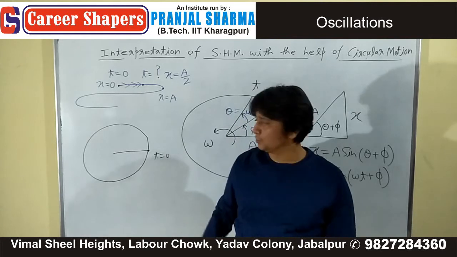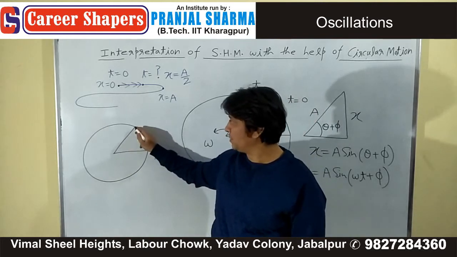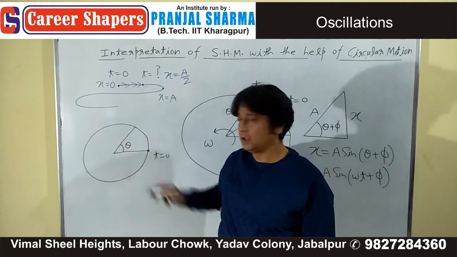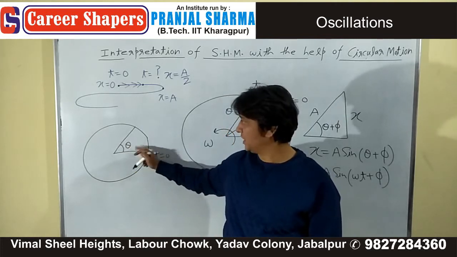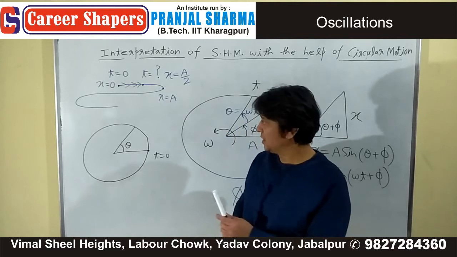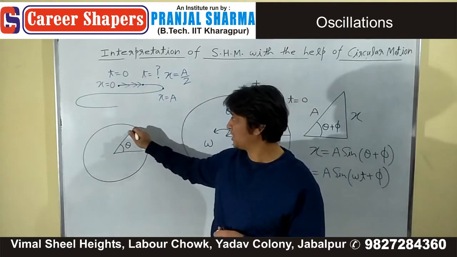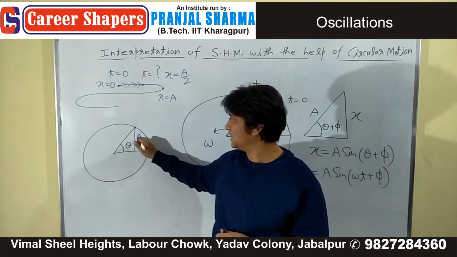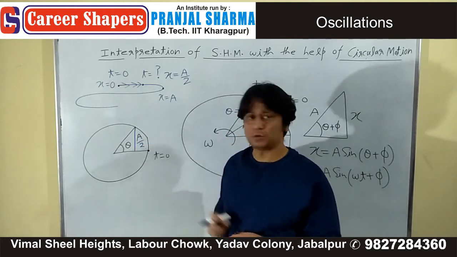Now, if I ask you, what should be this angle theta so that the length of shadow is A by 2?